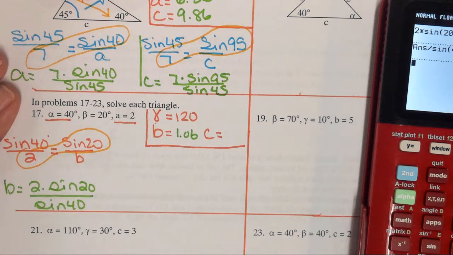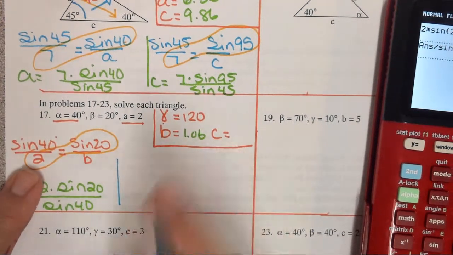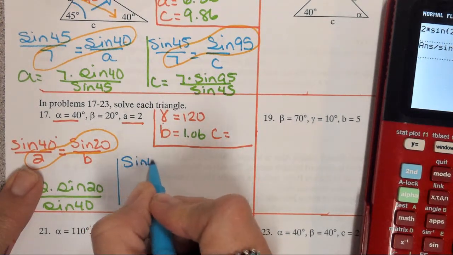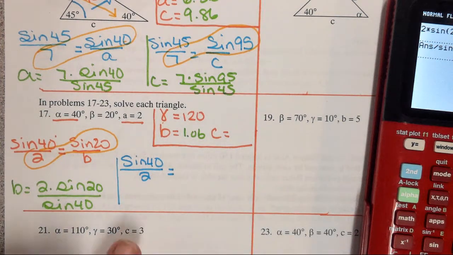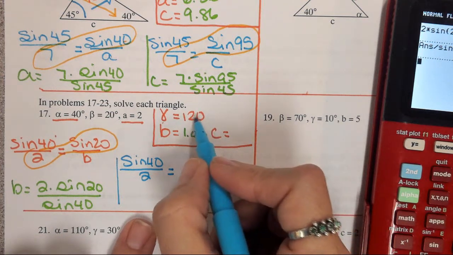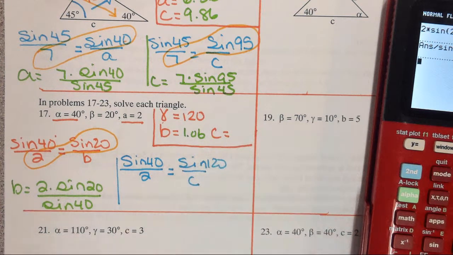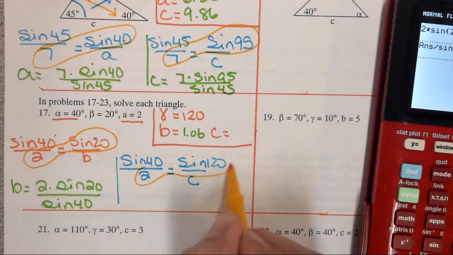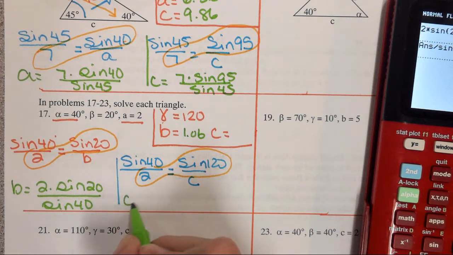Okay, we're going to go do it again, but this time we're going to go find C. I'm going to use the same fraction to start with. Sine of 40 over 2 equals, if I'm looking for the C, I need gamma on top. And we found gamma to be 120. We're going to circle the numbers that are diagonal, divide by the one we didn't circle.